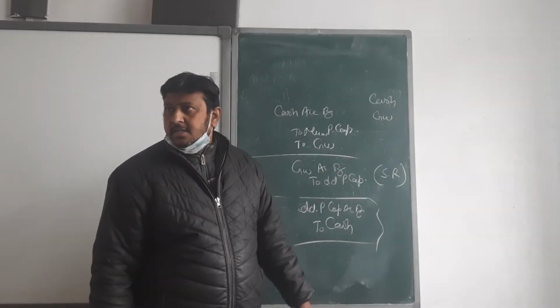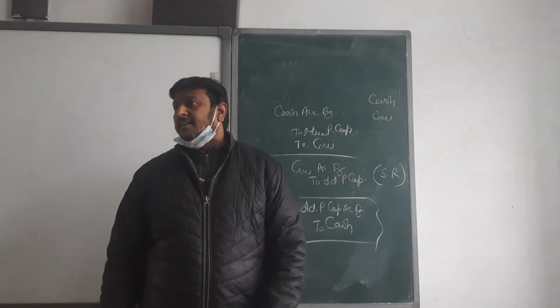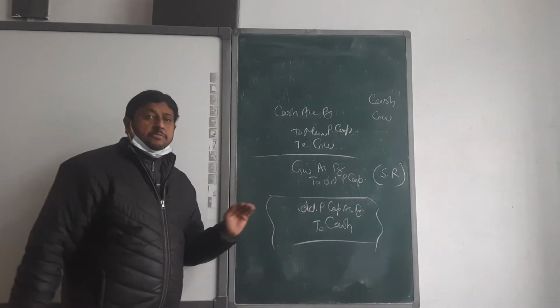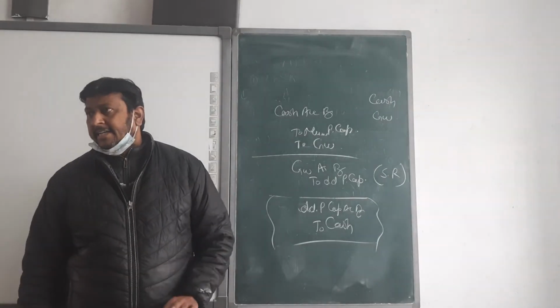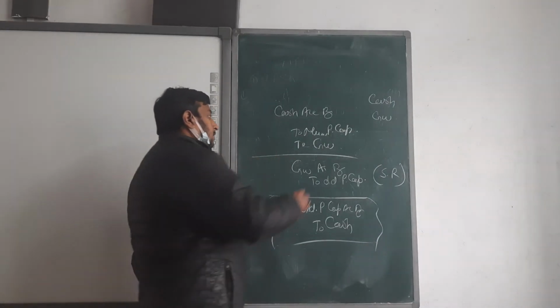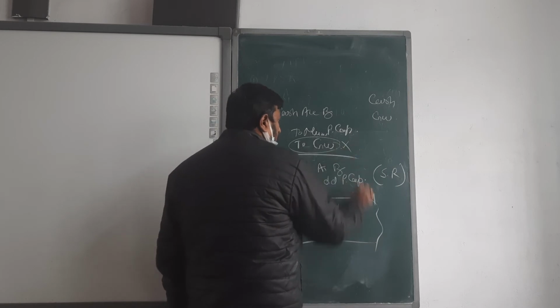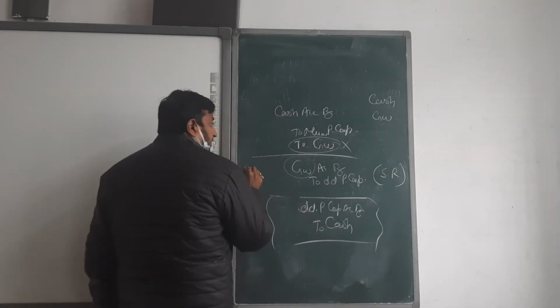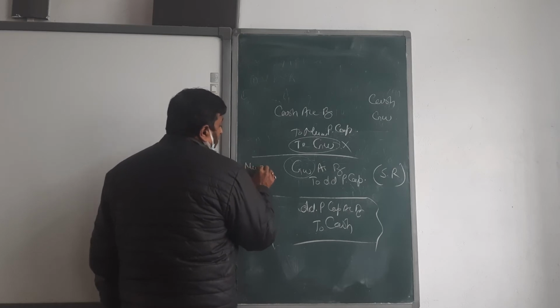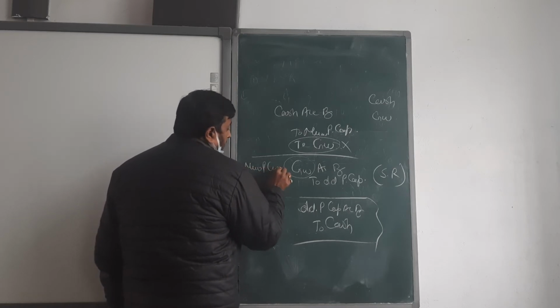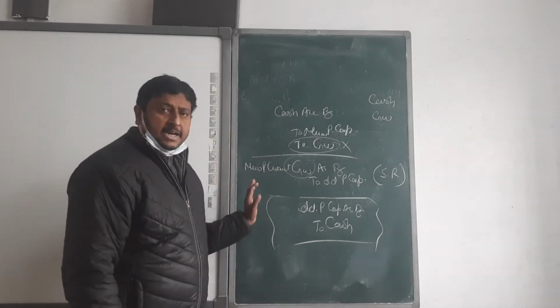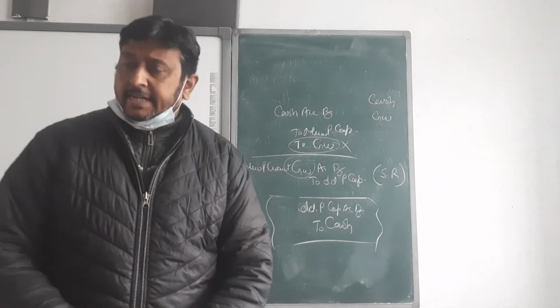If they are not coming with goodwill in cash, then this we do not enter. And in the place of this goodwill, we just enter the new partner's current account. Clear? Now we are going to the next.